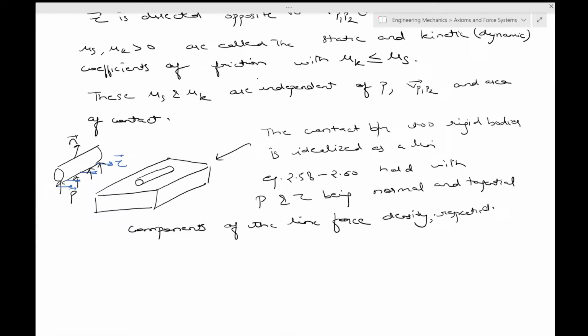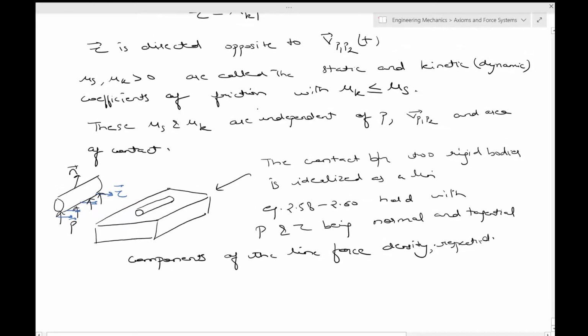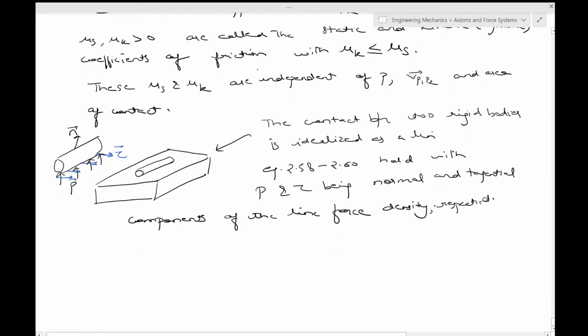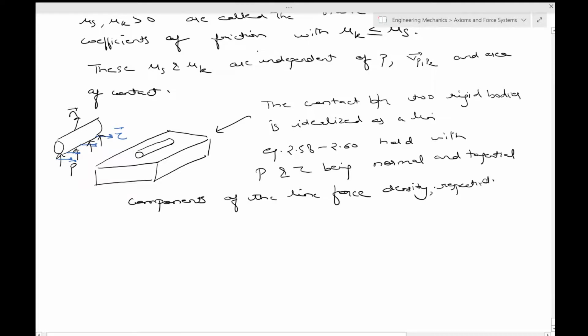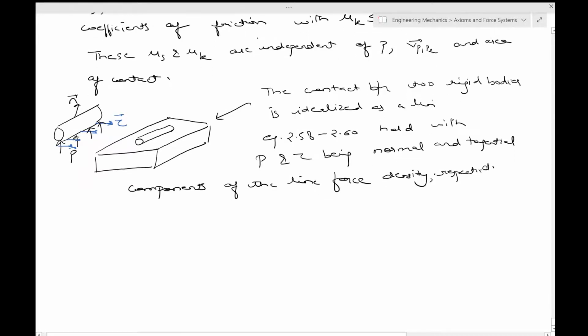Now just to confuse you further, okay, since we are not really providing any proofs, when I said that these mu s and mu k are independent of P and the relative velocity and the area of contact, I didn't provide any proof. I just said that this is like that, and you had to think of certain experiments for this. But in many cases it works, like especially for metals, but then there are materials when it's not actually true.